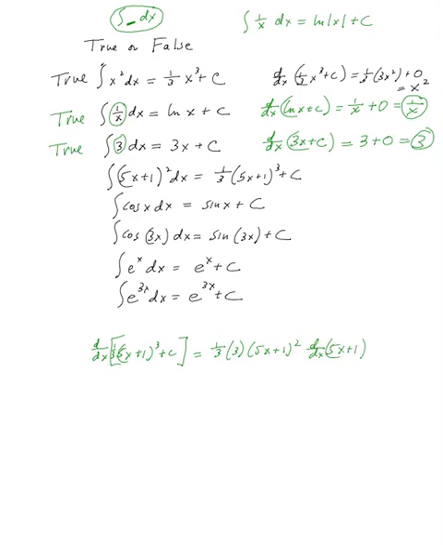Plus derivative of c is 0. So the 1/3 times the 3 is just 1. I get 5x plus 1 squared times 5, so 5 times 5x plus 1 squared. Does this match this? No, I've got an extra 5. So this one is false.